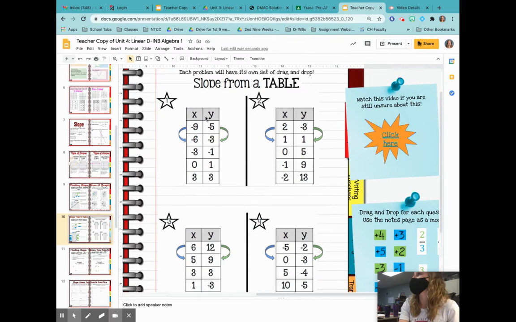So let's look at the first table. You start with your y values. So going from -5 to -3. What kind of change is that? What is it? Yeah, +2. Okay, what about from -3 to -1?